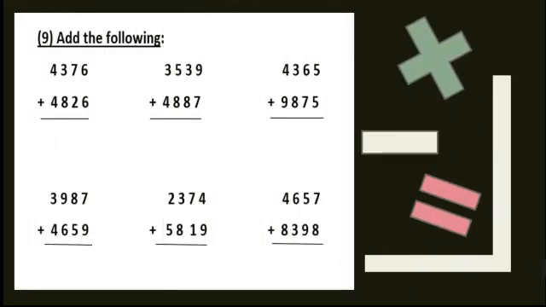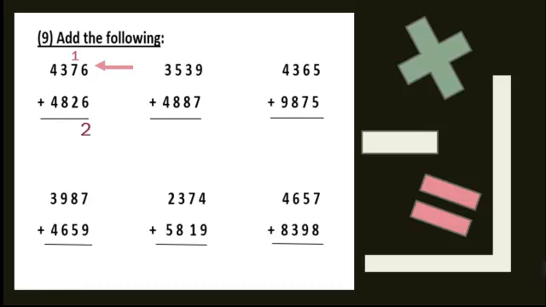Let's move to the addition of numbers. We will start from the units. Don't start from the greatest value. No, we start from the units. 6 plus 6 equals 12. We will write 12 in the same place? No, we can't, because each place can only have one digit. So I will write 2 and carry up 1.